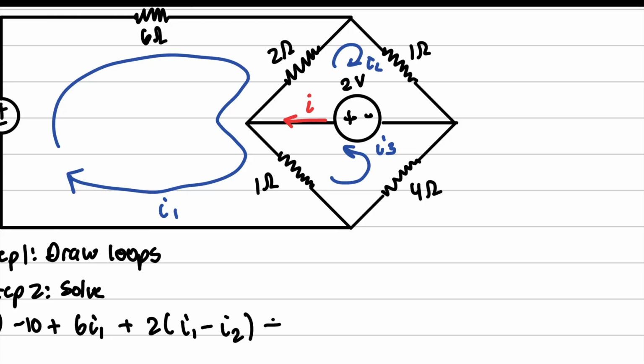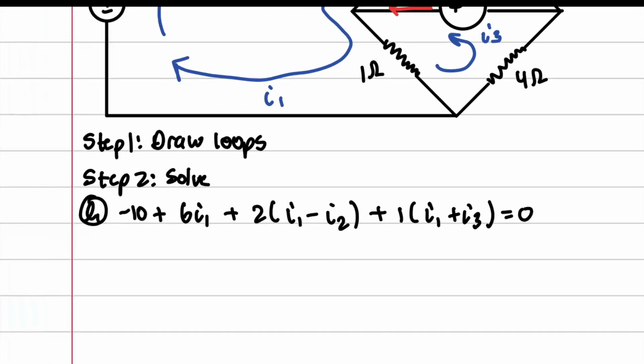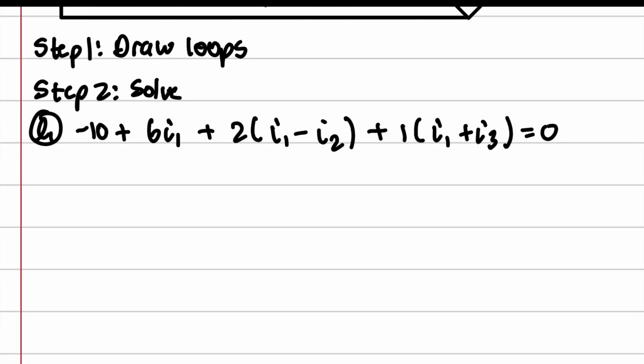And then in the same equation, we have 1 and an I1, and this time these two are aiding each other in going down. So it's I1 plus I3 equals 0. And we'll just simplify.